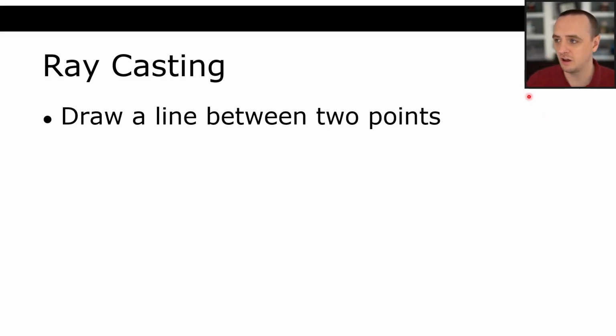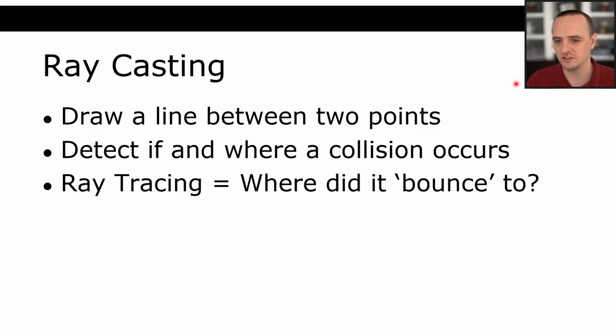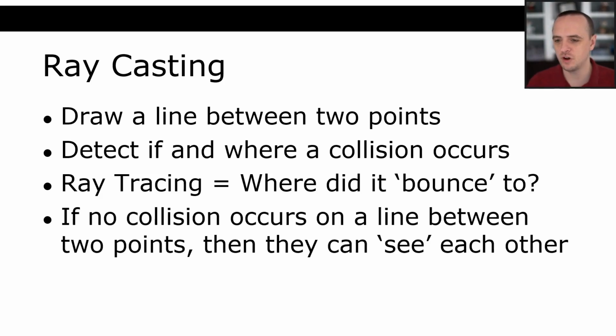We're going to draw a line segment between 2 points, and we're going to detect if and where a collision occurs. Ray tracing is sort of where did it bounce to, right? Where did it intersect? If no collision occurs on a line between 2 points, then they can see each other.